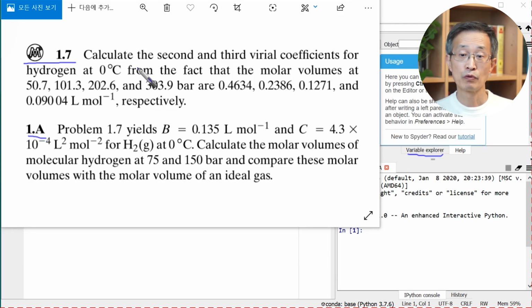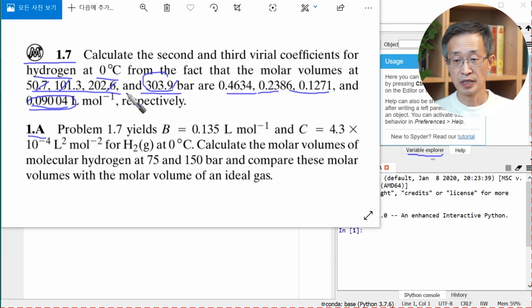So firstly, what it asks us to do is, for hydrogen at 0 degrees Celsius, it gives us the molar volume at four pressure points in bar, and then the molar volumes are these, four molar volumes. Obviously, at higher pressure you have smaller molar volume. So that's the kind of behavior.